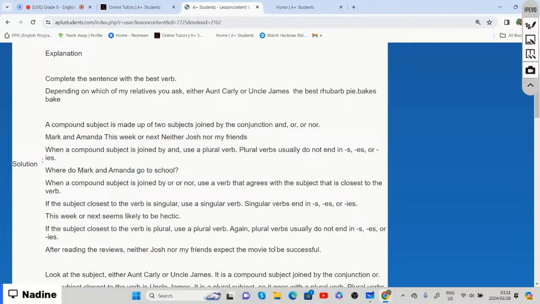Plural verbs do not end in s, es, or ies. And our singular verbs end in s, es, or ies.